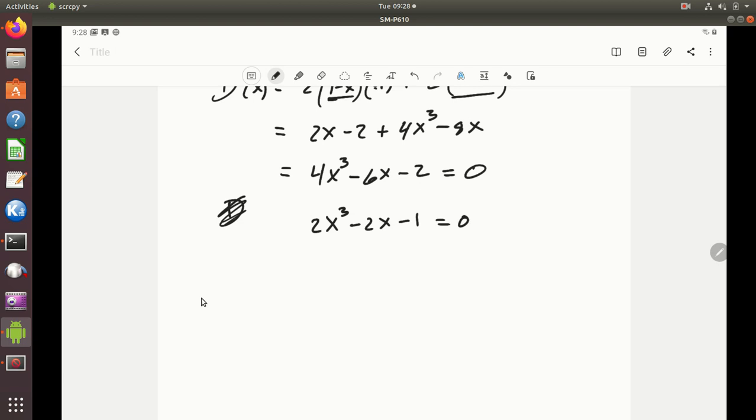But now you see, as I look at that, I don't see something to group it. I don't see something to factor it really easily, and so I need to solve that equation. And in order to do that, so I've got 2x cubed minus 2x minus 1.